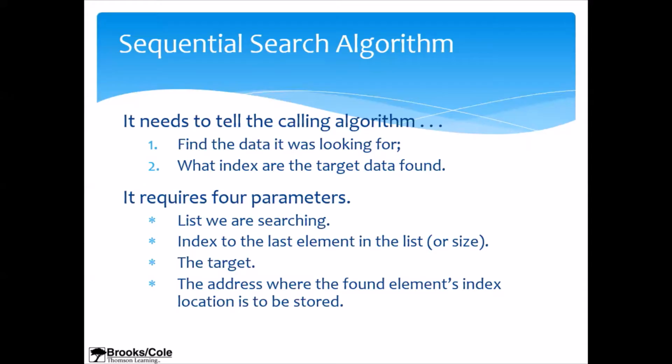Then, of course, the index to the last element in the list or the size of the list. Remember that if we have an array of size 10, the first position is position 0 and the last position is position 9. We also need the target or the key value. And finally, the address where the found element's index location is to be stored. Meaning, once we get the index, we need another variable to assign that particular index.